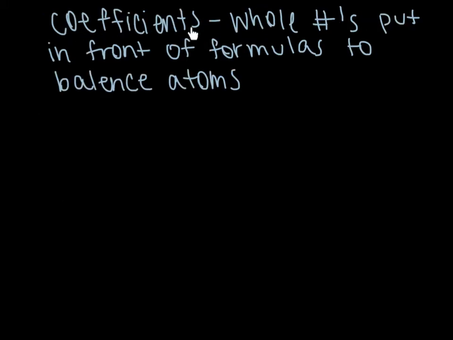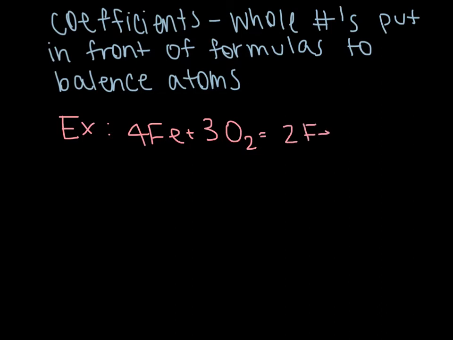A coefficient is a whole number put in front of formulas to balance atoms. For example, 4Fe plus 3O2 equals 2Fe2O3.